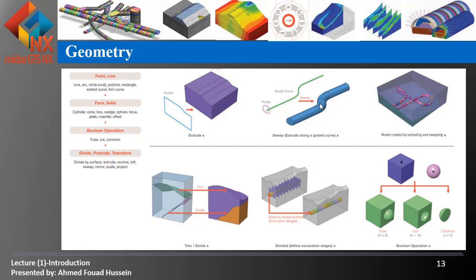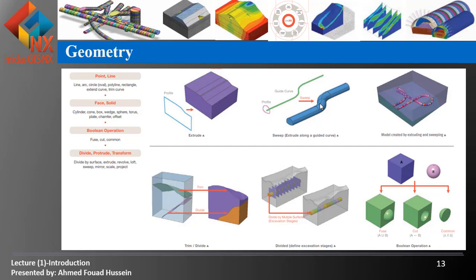As an introduction to the geometry tab in the software, we're going to find that there are a lot of techniques for starting to draw our geometry, and it has a lot of commands which facilitate this task.